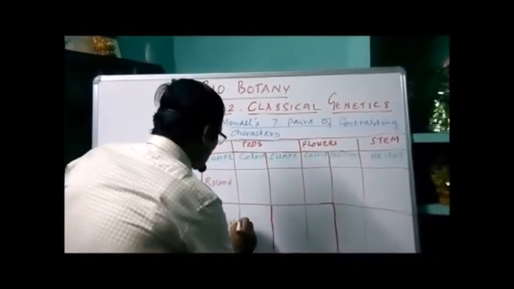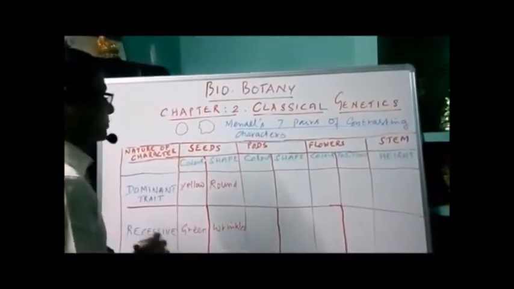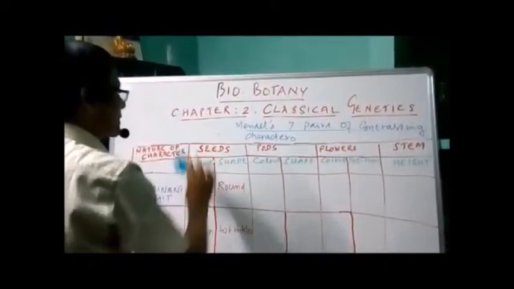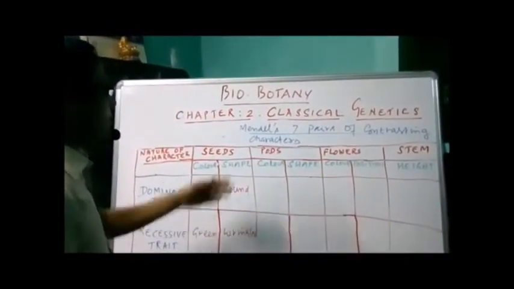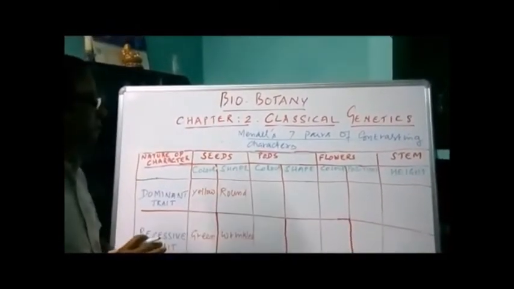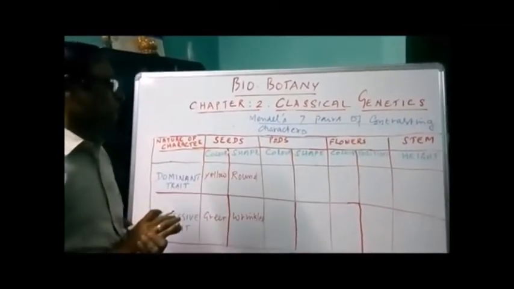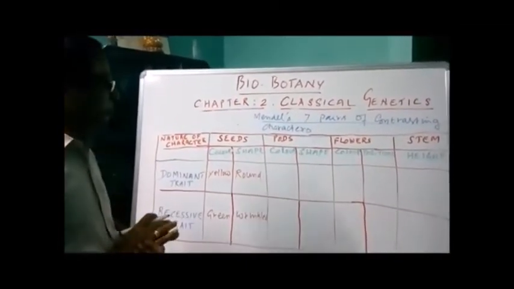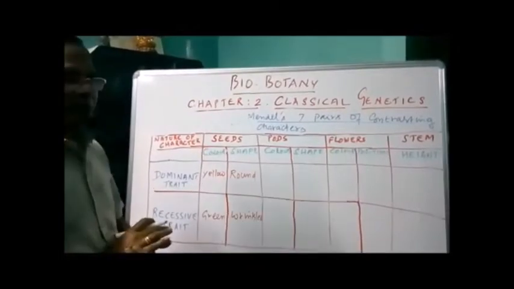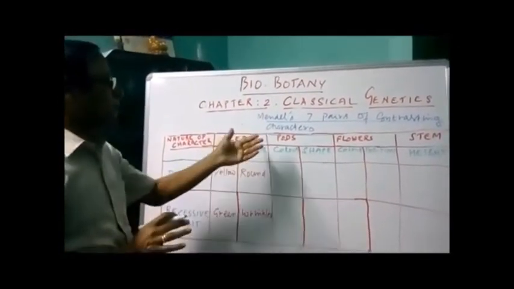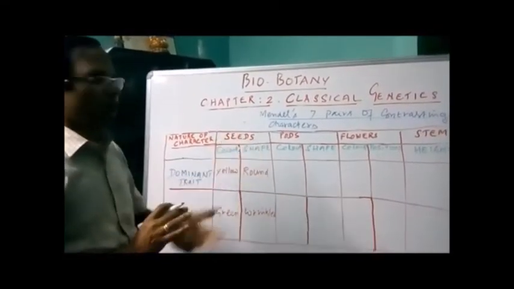Now let's go to the pods. The pod is the dry dehiscent fruit observed in the case of the garden pea plant, the ripened one, which is what is called the vegetable. Again, for the pods there are 2 characters: one, the color of the pod, another one the shape of the pod.